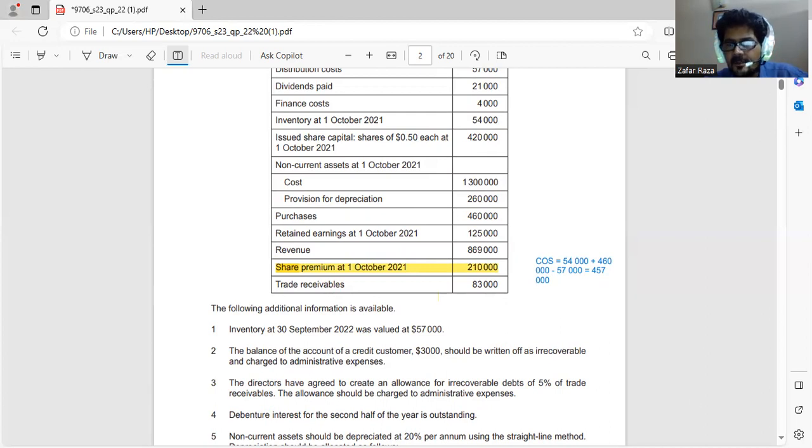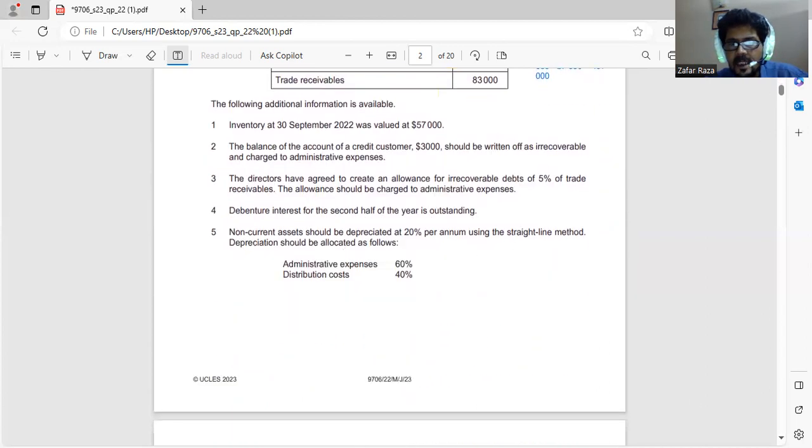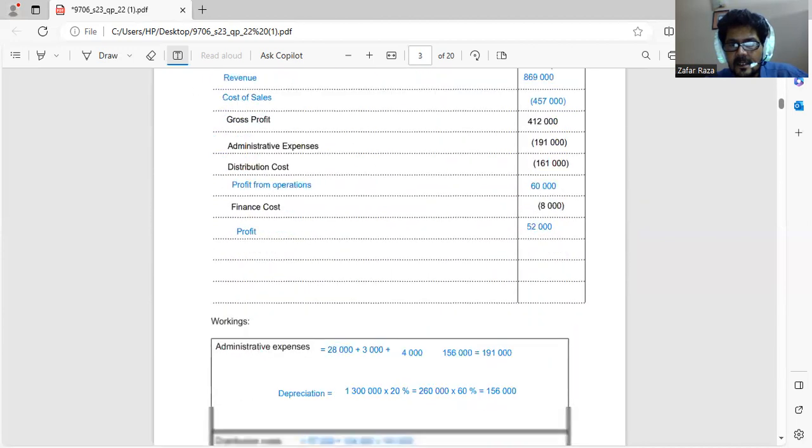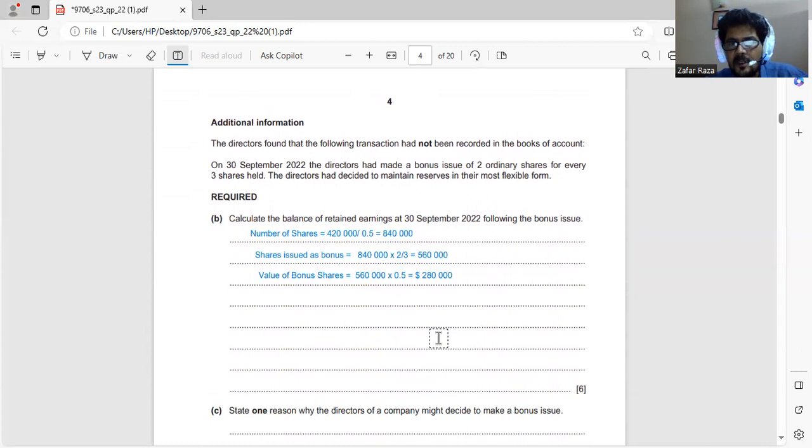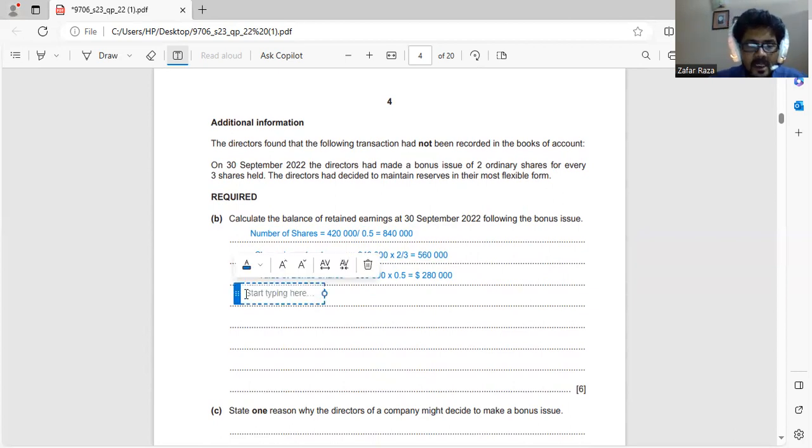So in that case, when we are making the balance of retained earnings, what we have to calculate actually is the balance of retained earnings. I've just done the working. So what we'll write over here, I'm changing the color.